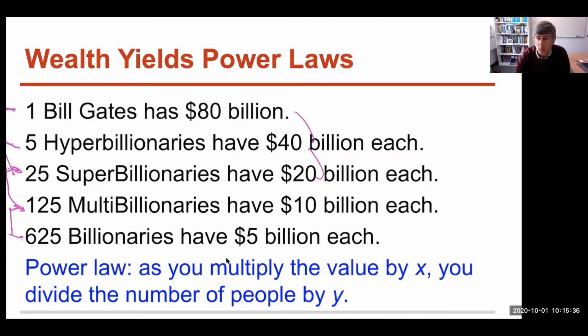That's what happens with a power law. When you multiply the value of your variable, here money, you divide the number of people with it, or the probability of having that much money, by another constant. The ratio of these constants is that power law constant that we had. Any questions?